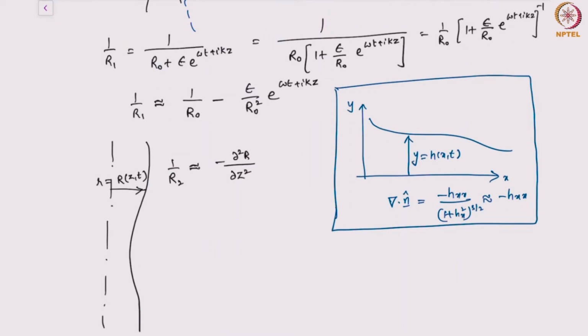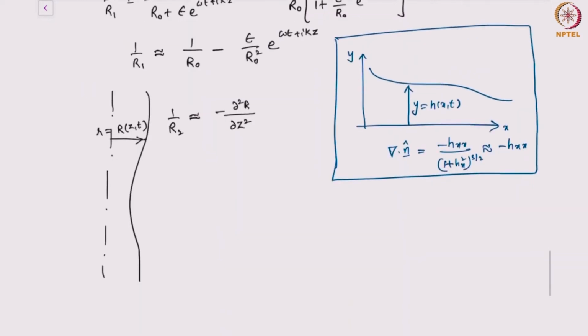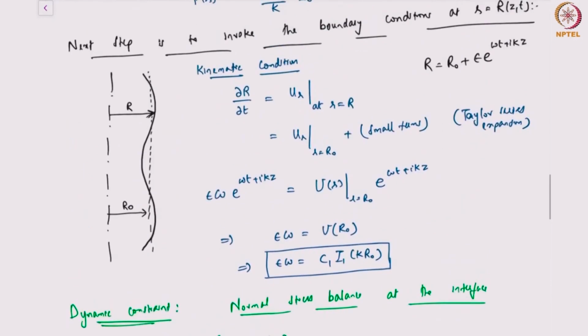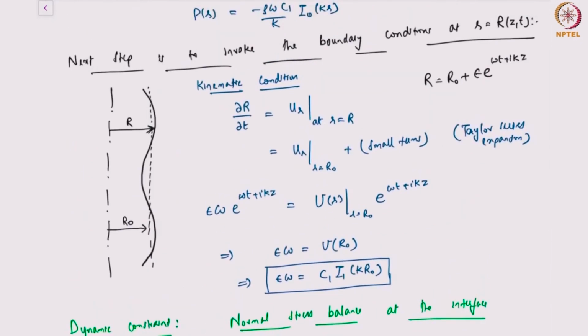And I'm ignoring the nonlinear terms because again we have the same issue. Epsilon is very small, so the product of epsilon square can be ignored compared to 1. So what is del square R by del z square? Remember that the expression for R is R0 plus epsilon e power omega t plus i k z.